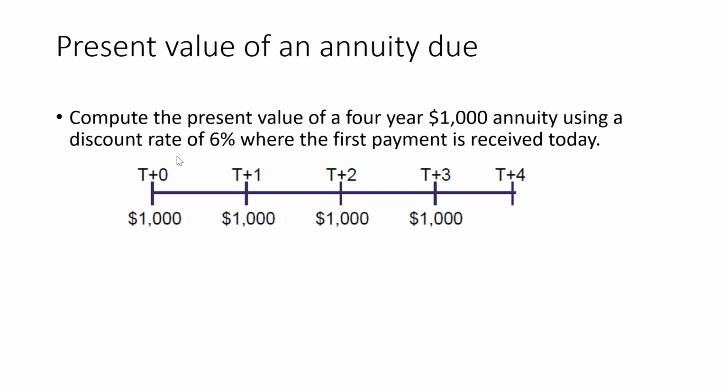Payments $1,000, with a negative sign in front of it when we're inputting into the calculator. Future value is going to be 0. Compute for present value, and we're going to end up with a present value of $3,673.01. Okay, so I hope you learned something. Thank you.